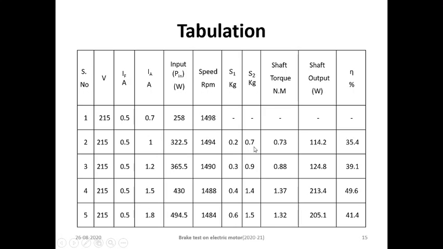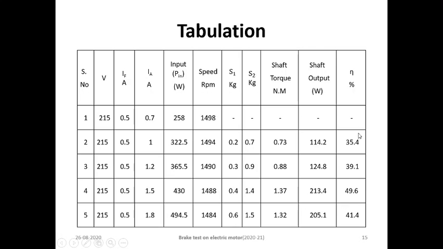And if you see here, the load is also increasing. So as we increase the load, the current taken by the motor also increases. So the input power also increases, and thereby the efficiency increases. But if you closely look into the efficiency part, the efficiency is increasing from 35.4 till 49.6, but after 49.6 it has decreased to 41.4.